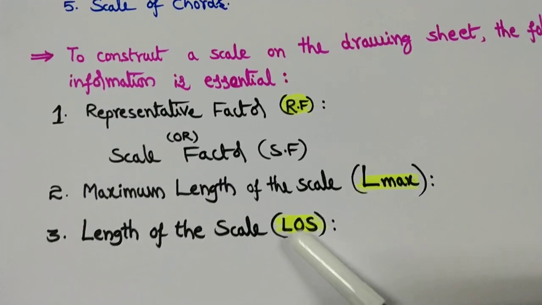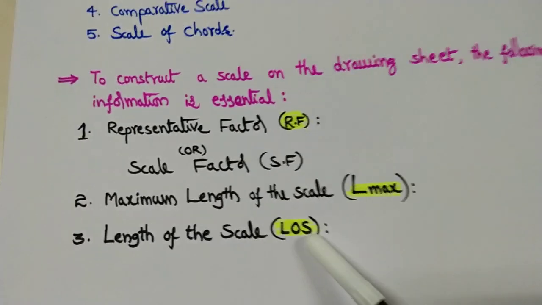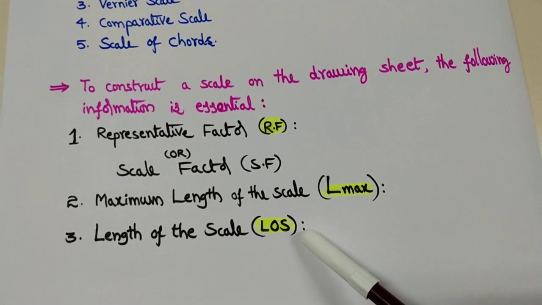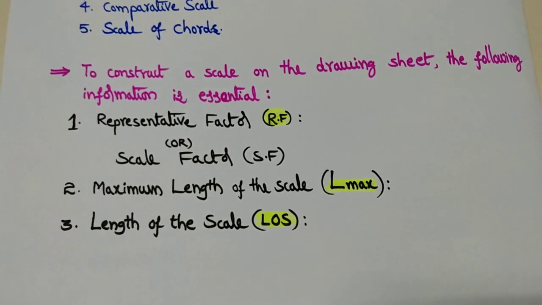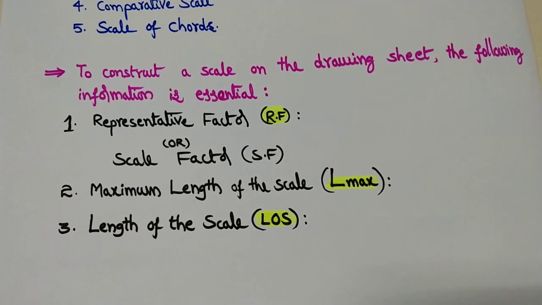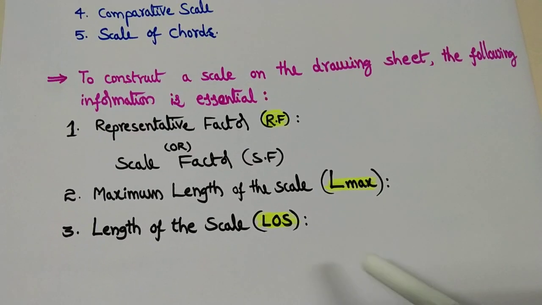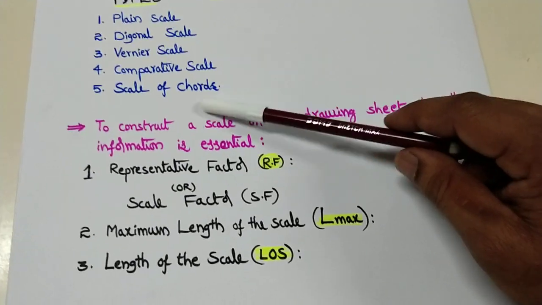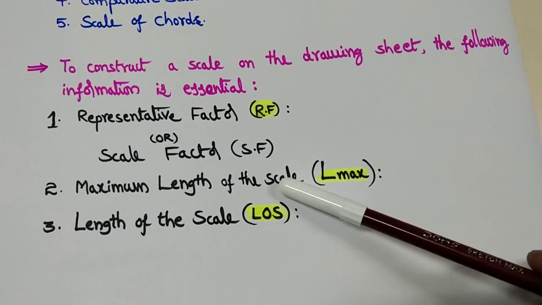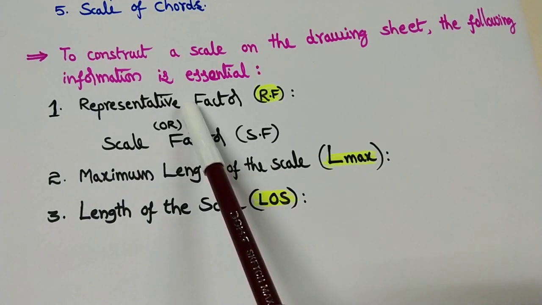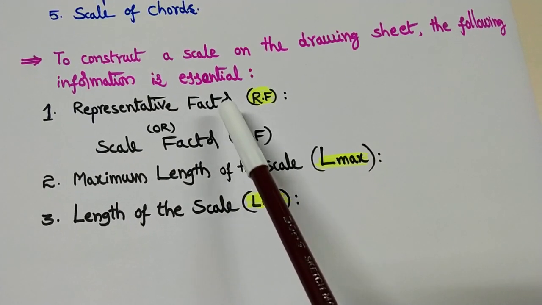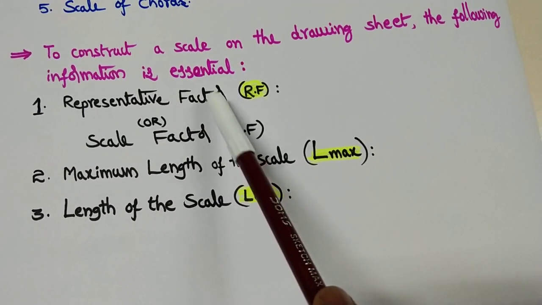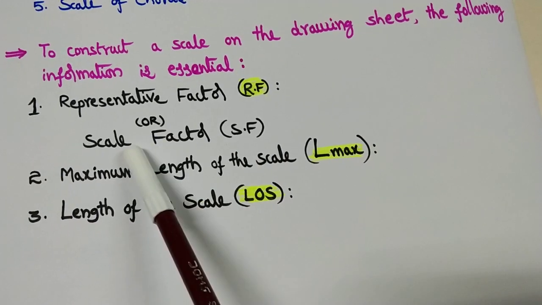And if we come to the rule, to construct a scale on the drawing sheet, the following information is essential for the purpose of constructing any type of scale. The first one is representative factor, or representative fraction, which is also called scale factor.